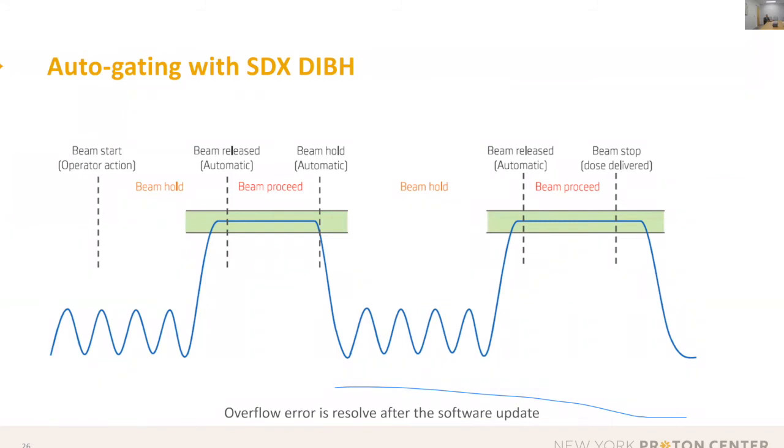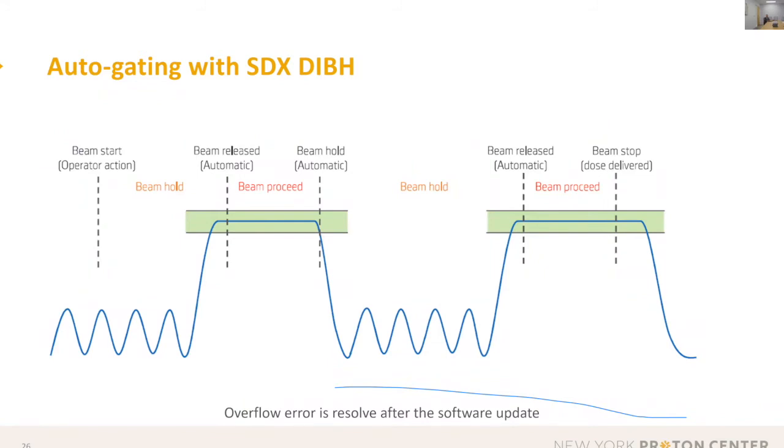Before the patient reaches the gating window, the beam will be on hold, until it receives a signal from the SDX system saying okay, the patient has reached the gating window, we can have beam on. Generally, the communication takes around 1 millisecond. After that, the beam will turn on, and depending on how long the patient can hold, as soon as the patient drops off from this gating window, it's also around 1 millisecond, the beam will go on hold.